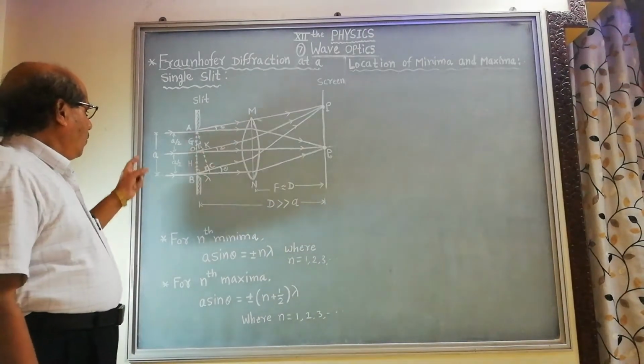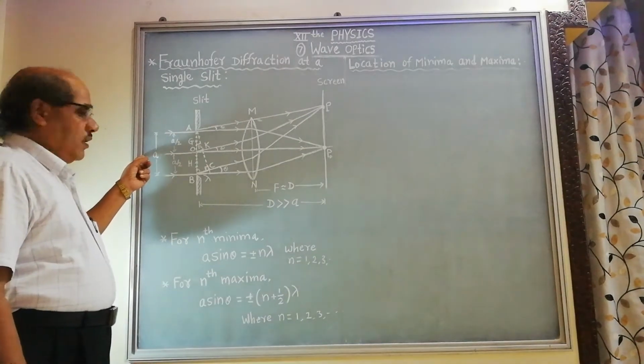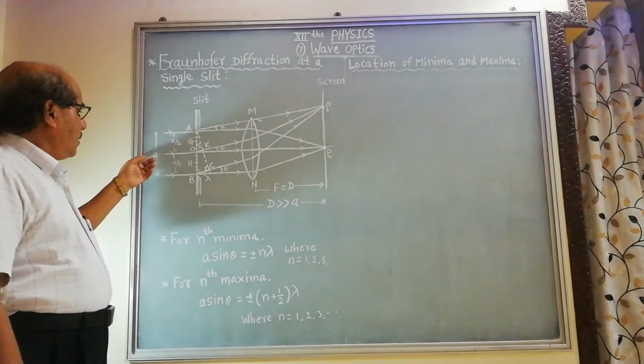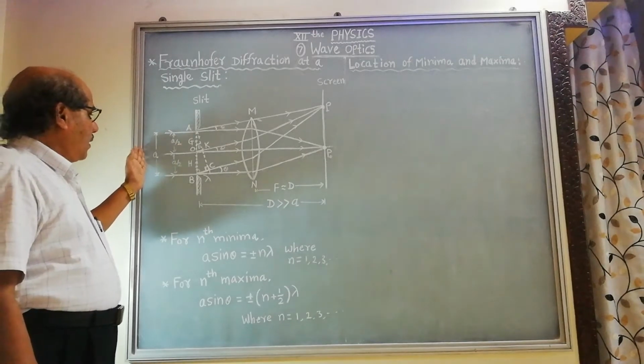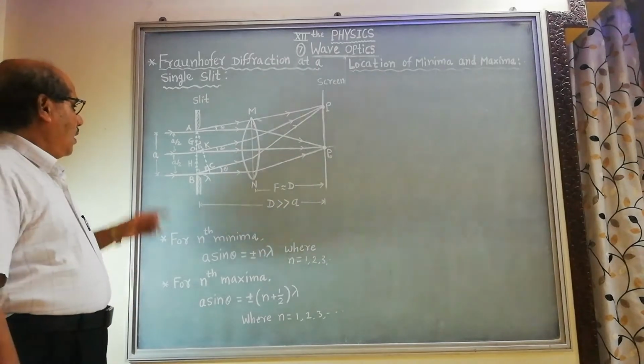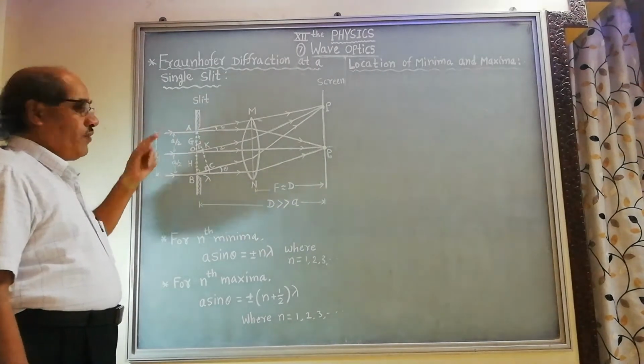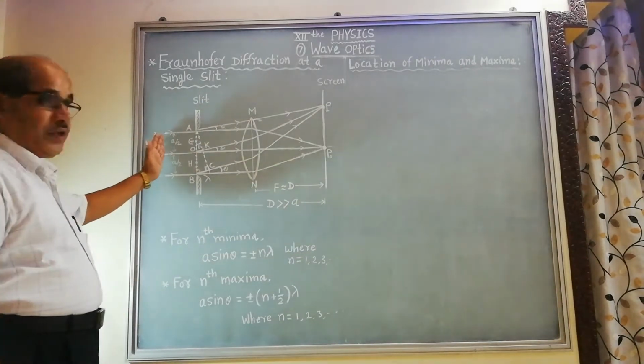Suppose we have a source of light S, and the light rays coming from that source are allowed to fall on a convex lens, which is not shown in this figure.